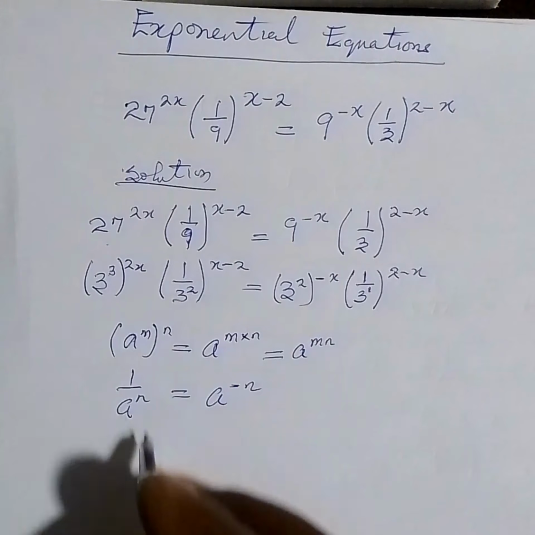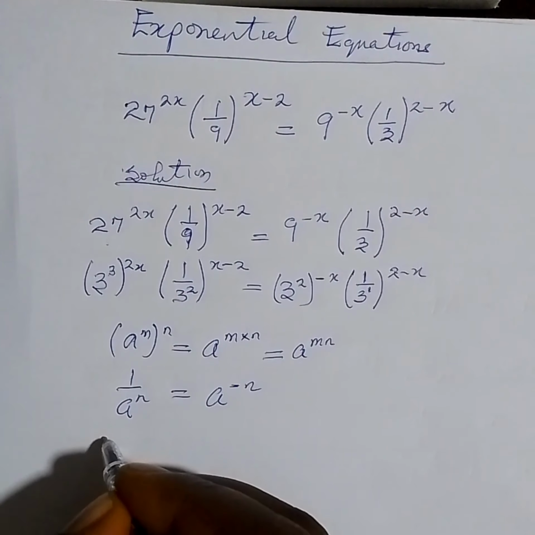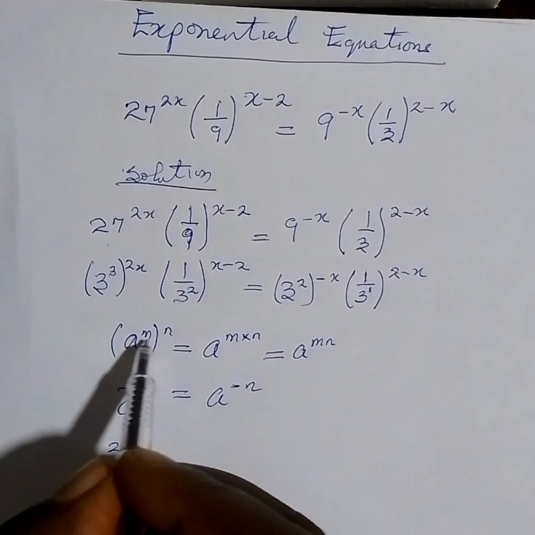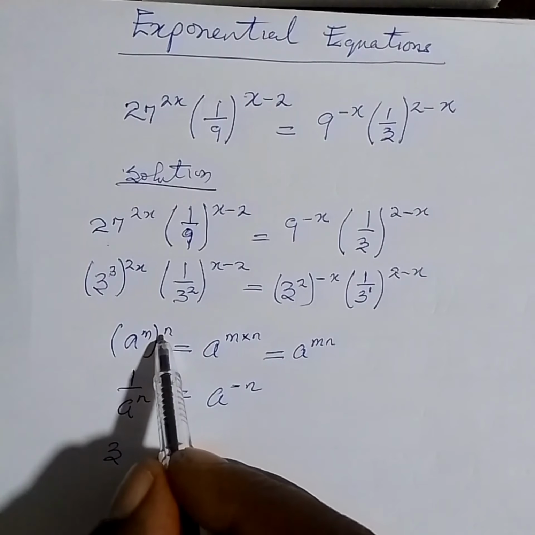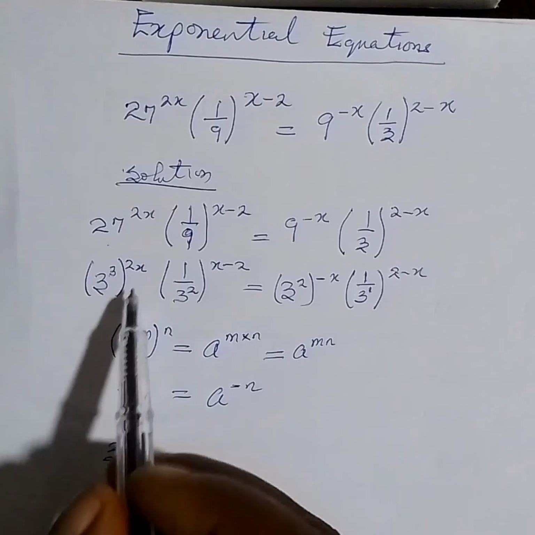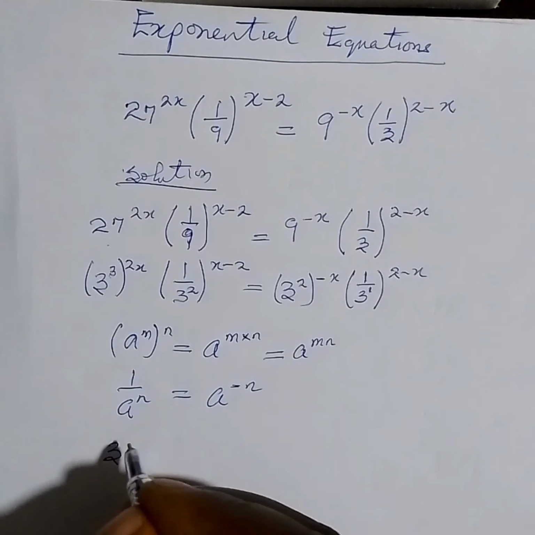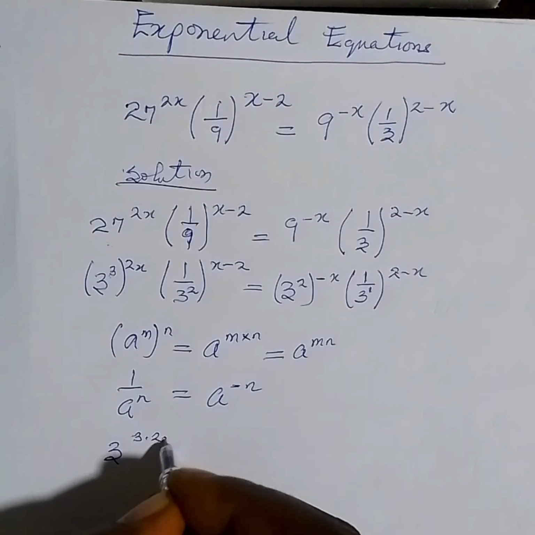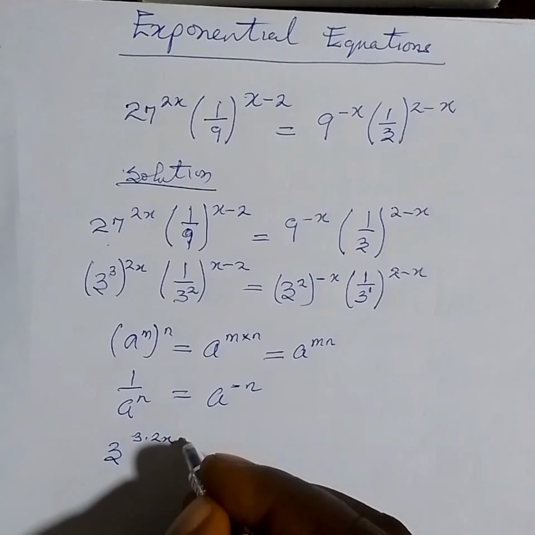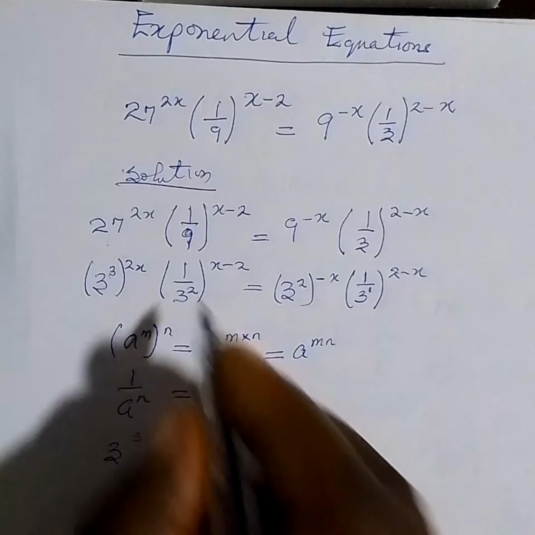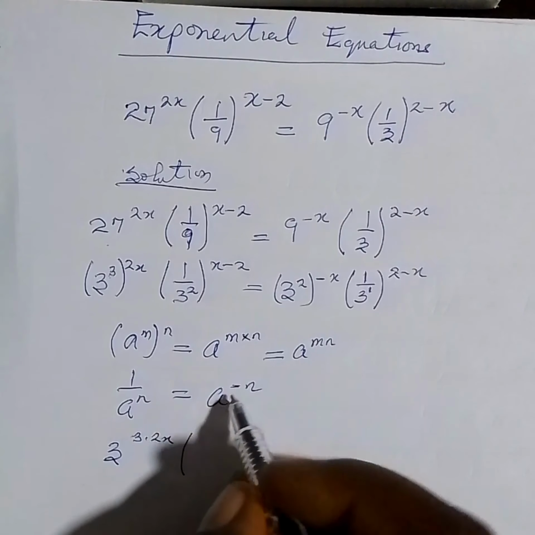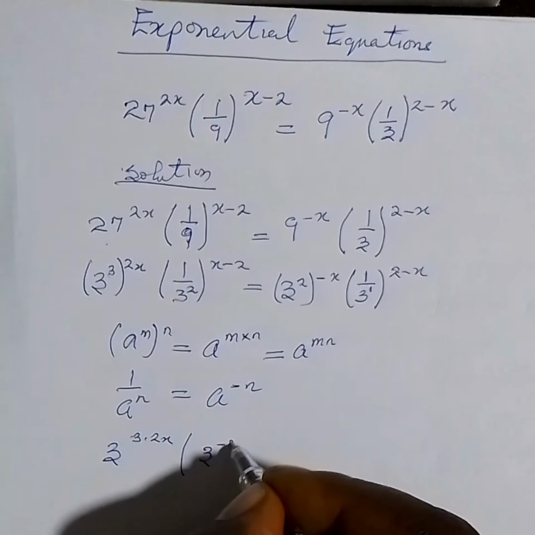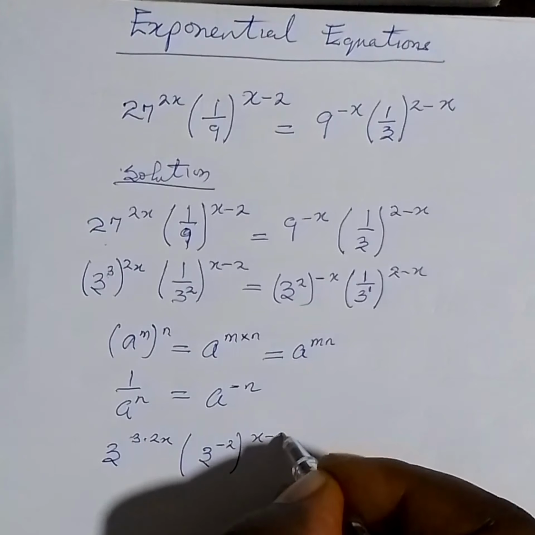On the left, applying the first law, the power of a power law, we have 3 to the power of 3 multiplied by 2x, and then applying the negative index law to 1 over 3 squared, it becomes 3 to the power of minus 2, all to the power of x minus 2.